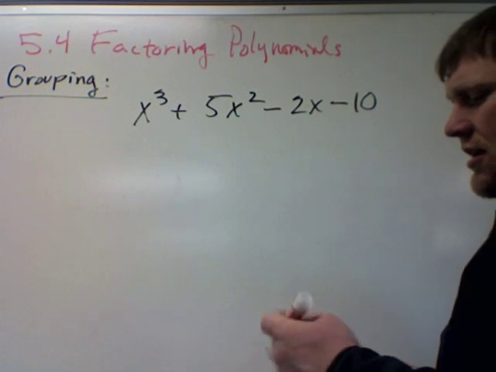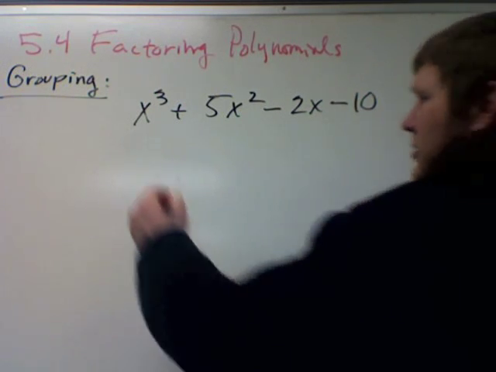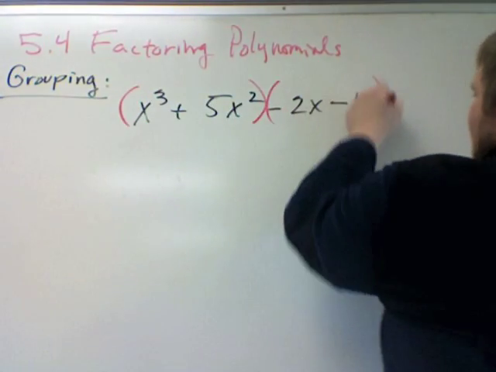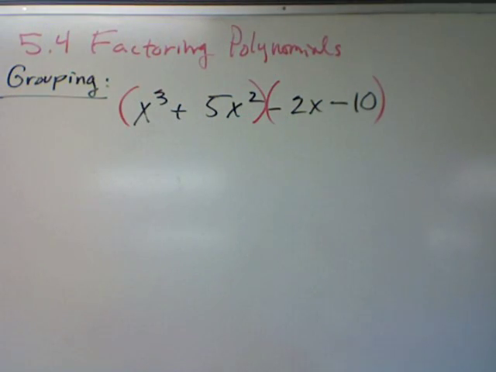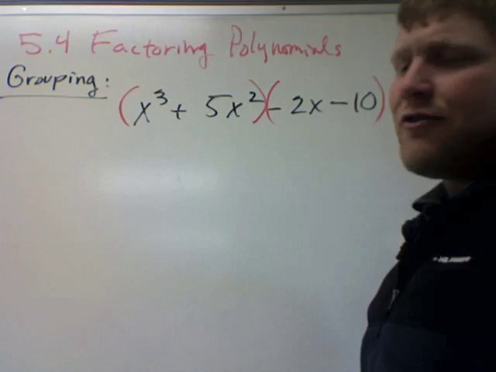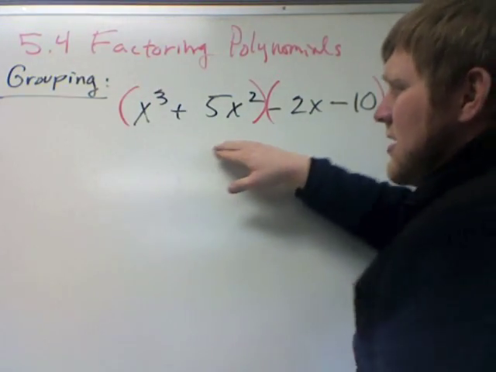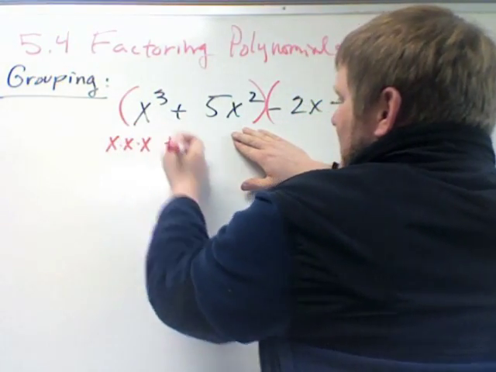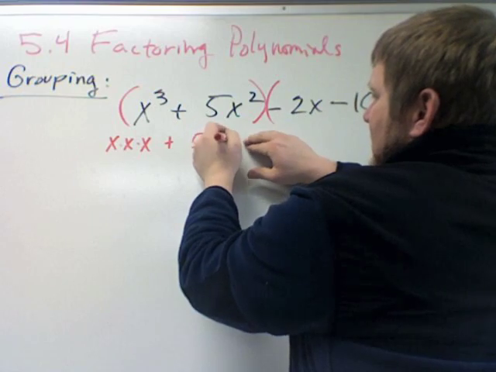What we're going to do is group the first 2 terms together, and group the last 2 terms together. Okay? Then I'm going to take the first 2 terms and basically do what I did before. I'm going to factor a GCF out of these 2 terms here. So notice I have x times x times x plus 5 times x times x.